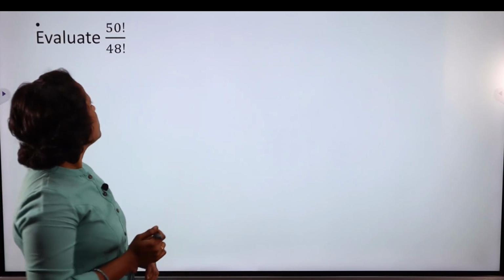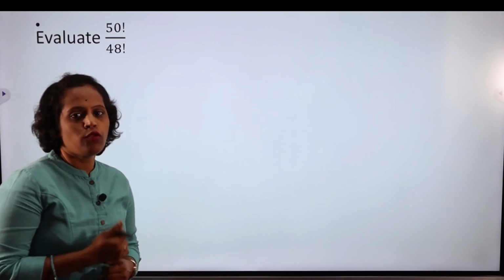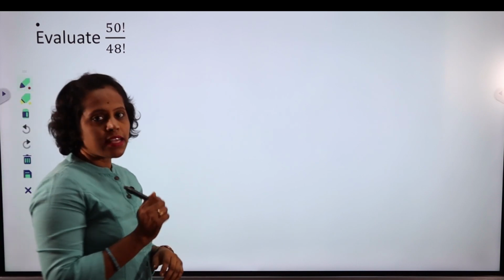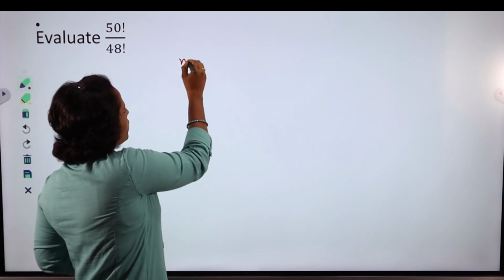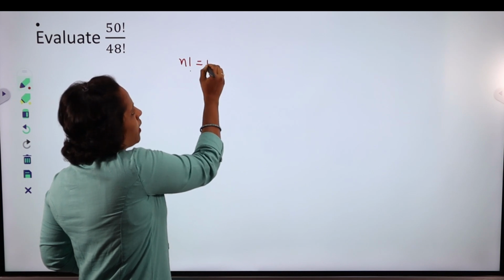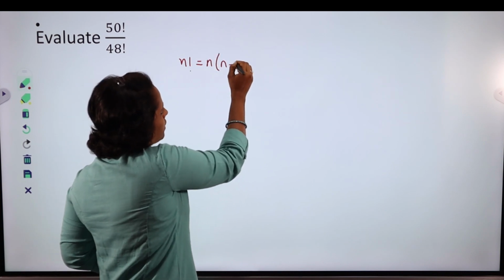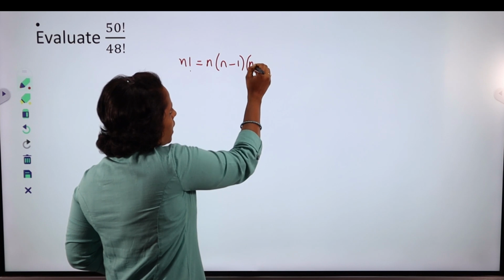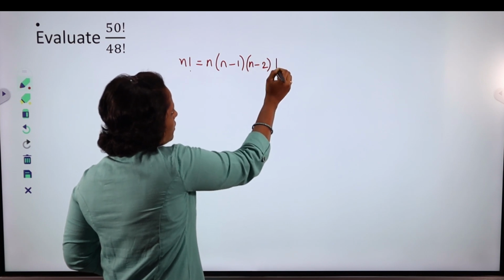The next question: evaluate 50 factorial by 48 factorial. As we know, n factorial can be written as n into n minus 1 into n minus 2 factorial.